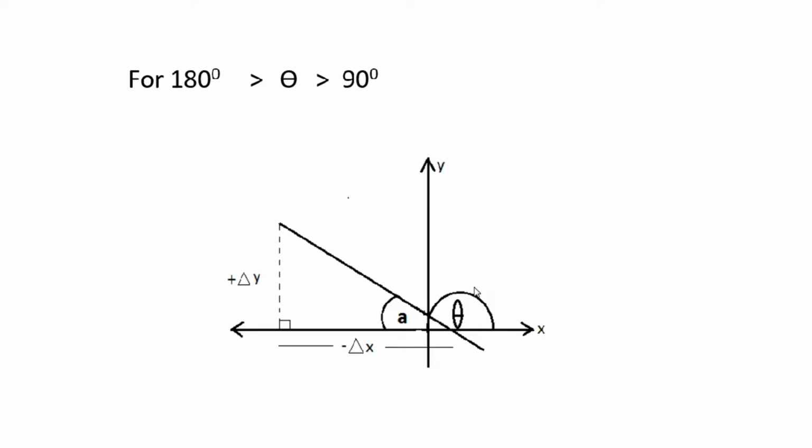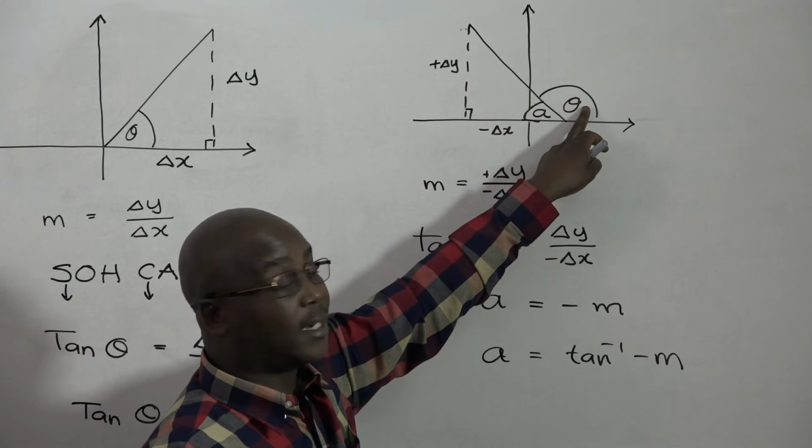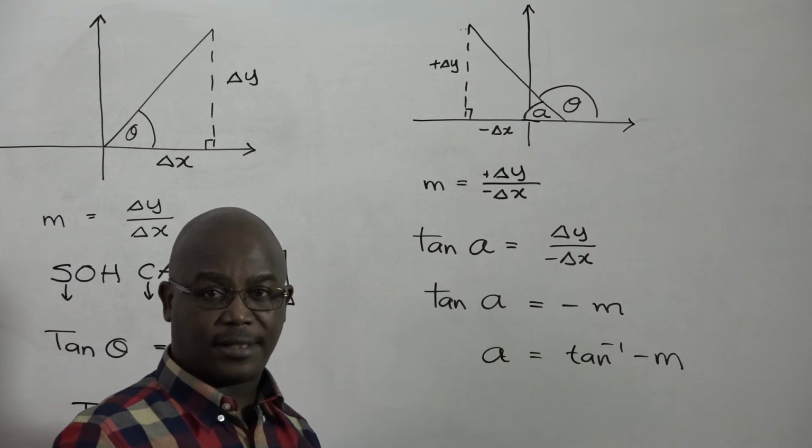But mind you, we are dealing with the angle of inclination, which is theta. Now, you can see that A plus theta add up to 180 degrees.